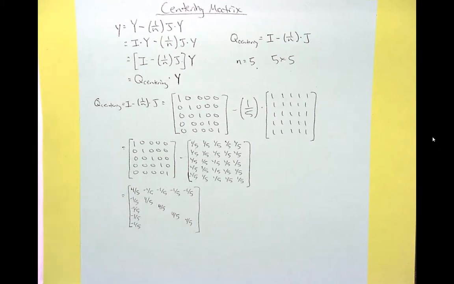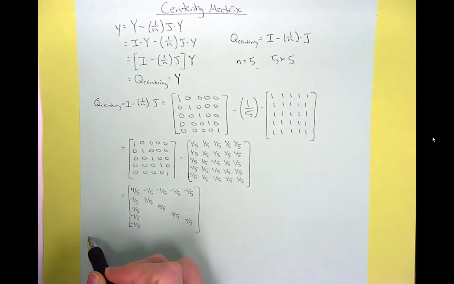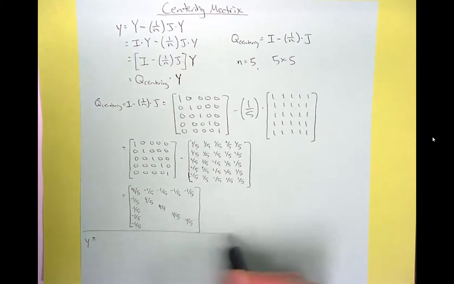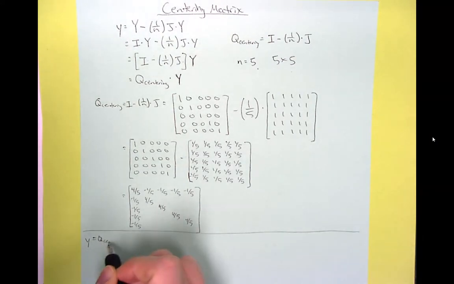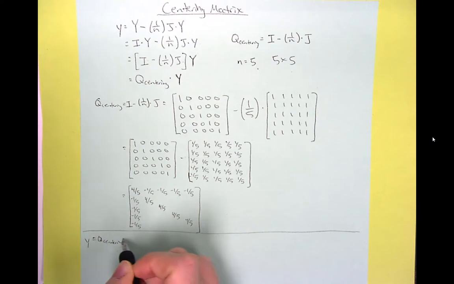It centers matrix Y by turning it into a matrix of deviation scores, small y, when the matrix Y is pre-multiplied by it. So let me demonstrate that. So we've got a Q centering matrix times Y matrix.